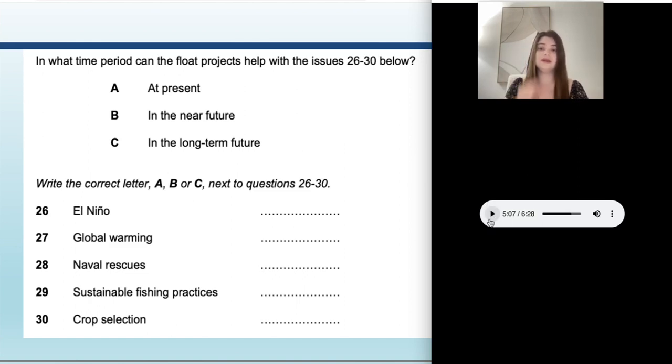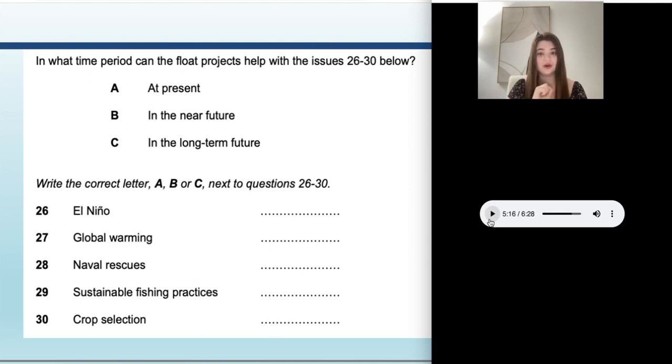There we go. Again, we'll be seeing the results of that quite soon. Okay, so that's in the near future, right? Quite soon means still in the future, but not in the long future, in the near future. So definitely B. That firms it up, B for 29. Agricultural tool.